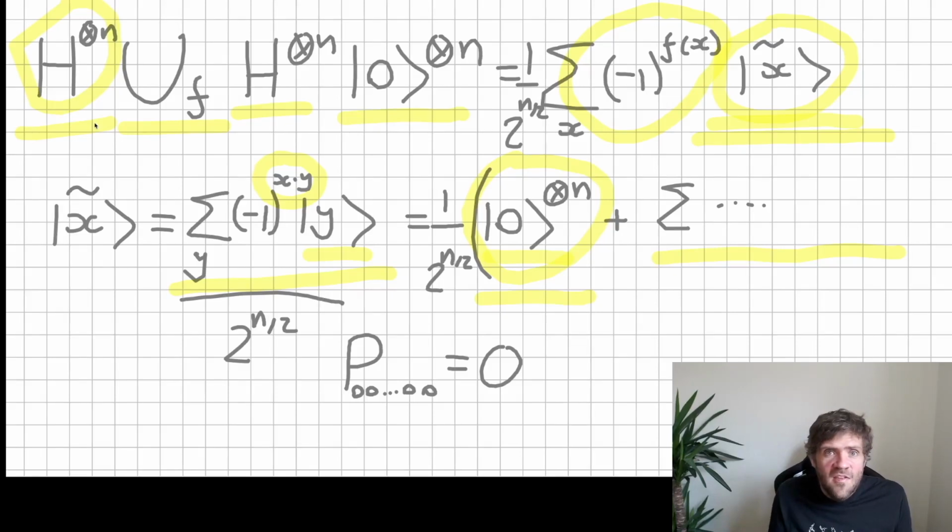And so just in one query to the oracle, one query to the function, one implementation of the unitary that implements that function, we have determined exactly whether it was balanced or constant. So that has replaced a classical algorithm with exponential scaling with a quantum algorithm that is O(1).